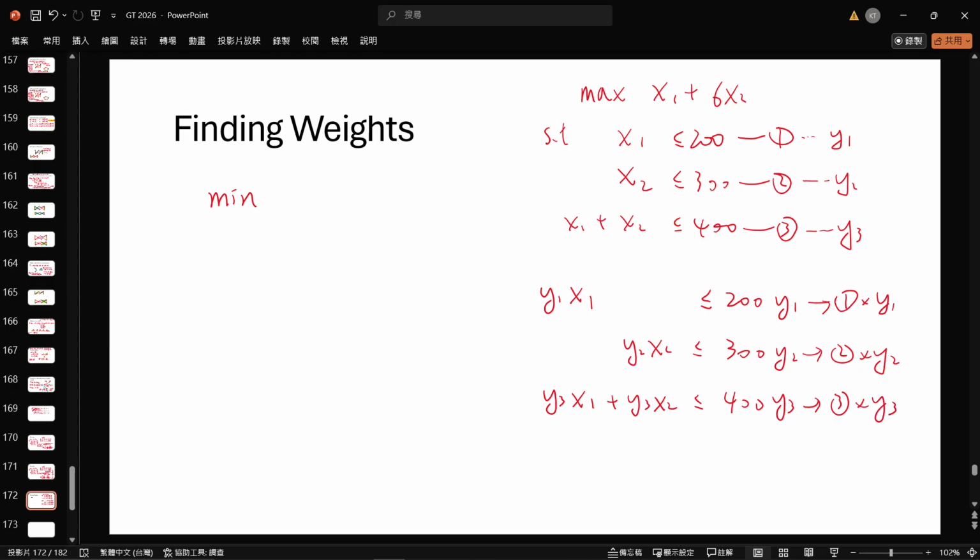All right, so the last constraint is the same. We just multiply the right-hand side and left-hand side by y3. So we get y3x1 plus y3x2 is at most 400 times y3.